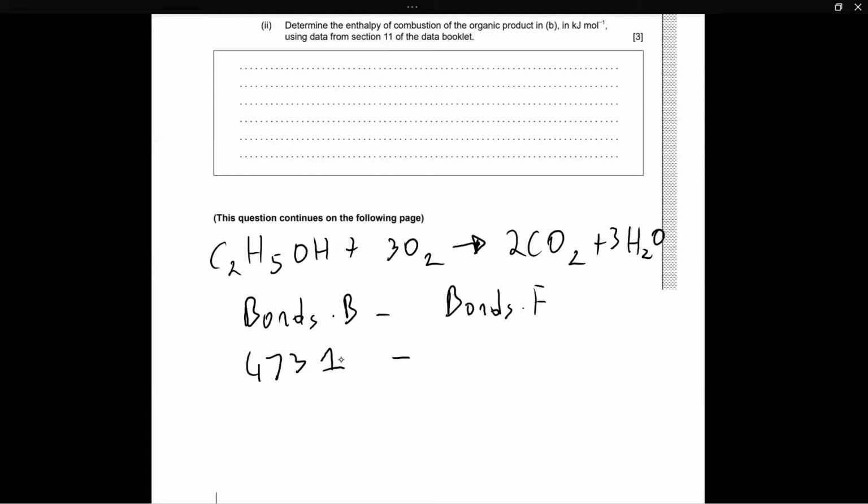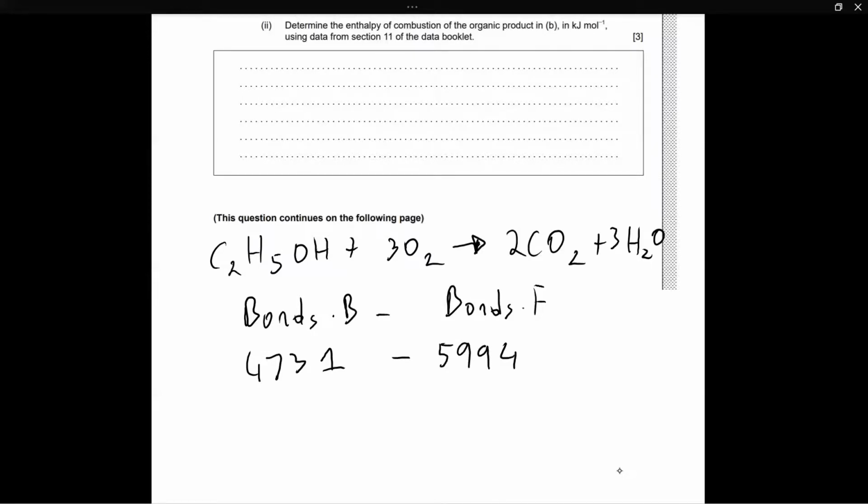Now I'm not going to show how to do that again, because I showed you while calculating the enthalpy for the broken bonds. So you can do that also. It's the exact same process for calculating the enthalpy for the bonds formed. So I'm just going to save some time and quickly show you what the answer is.